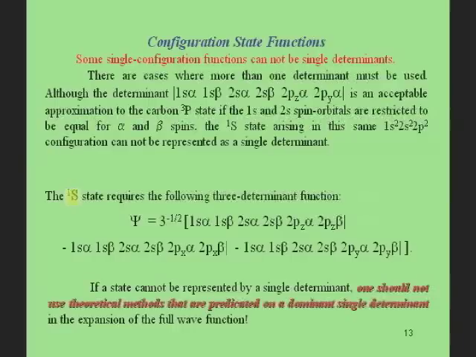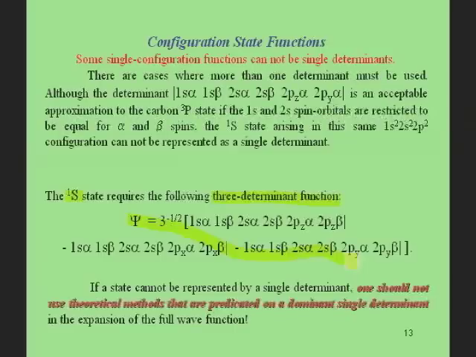However, and I remind you because last time I talked about this, for the singlet s state of carbon, still 1s squared, 2s squared, 2p squared, there's another state, the singlet s state, that cannot be written down as any single determinant. In the case of the carbon atom, the singlet s state has to be written down as 1s alpha, 1s beta, 2s alpha, 2s beta. That's boring.